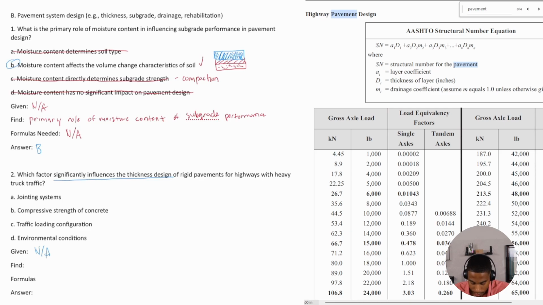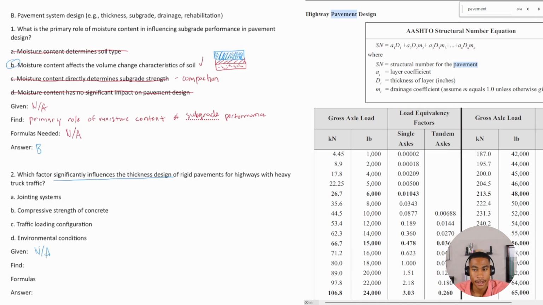Between environmental conditions and traffic loading configuration, the more traffic, the heavier the loads. I think that's going to influence how thick the design of your asphalt needs to be.